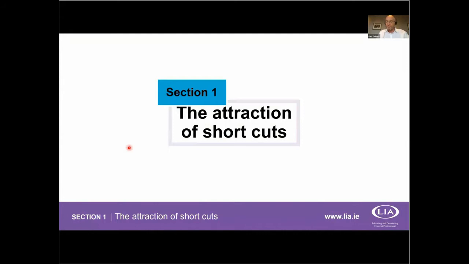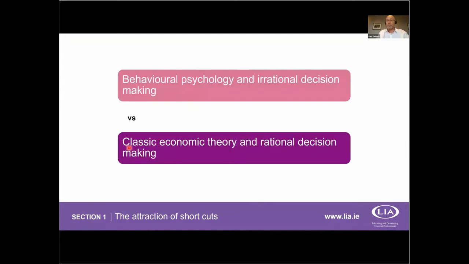Okay, so in the attraction of shortcuts. At its heart, what we're talking about here is 2 different forms of economics. We have classic economic theory, and we have the more recently developed behavioral finance theory.